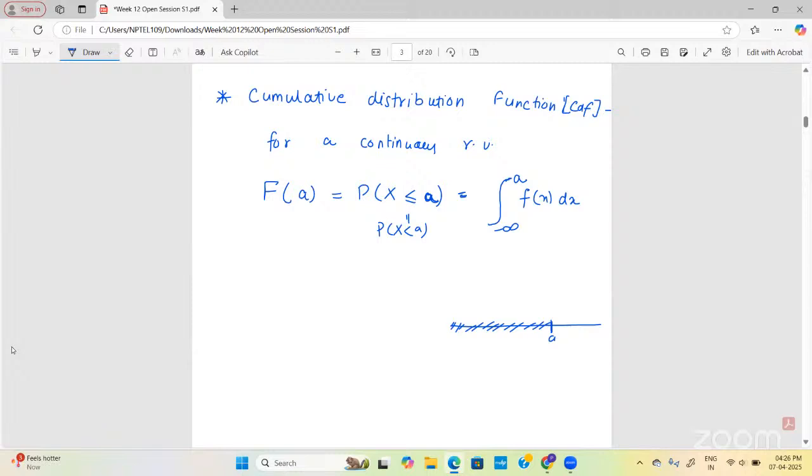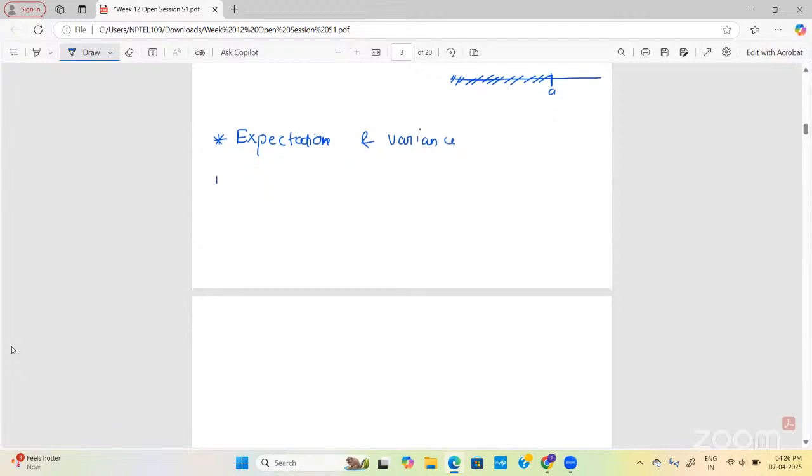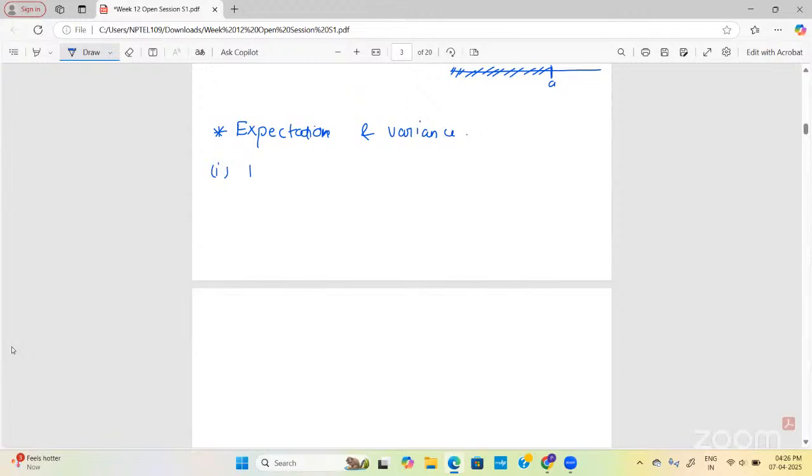So next we have to see expectation and variance. Expectation and variance you must have studied for discrete variables also. Okay, just small changes there and you will be calculating the expectation and variance for continuous variables. So how do we define the expectation of x? What is the formula for the discrete case?